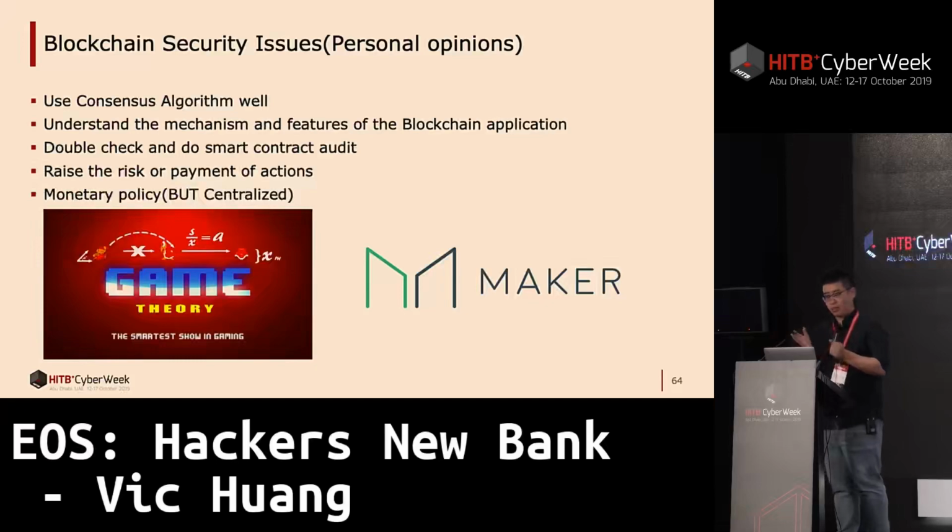For example, if you want to develop a project on EOS, you have to be familiar with DPoS, the algorithm they use and its features, and you have to understand the mechanism and features of the blockchain concept. It's like the basic concept, because some developers just ignore it, so they make mistakes.